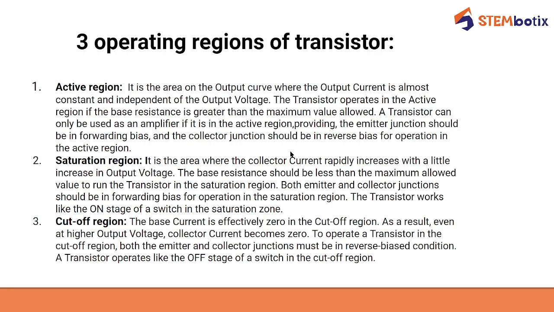Now, the transistor has three different operating regions, namely active region, saturation region, and cutoff region. Your transistor always operates in one of these three regions. First is the active region. It is the area on the output curve where the output current is almost constant and independent of the output voltage.